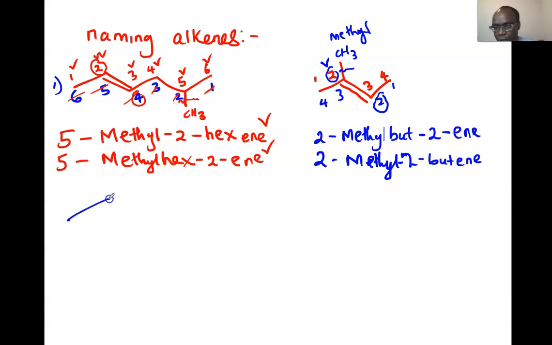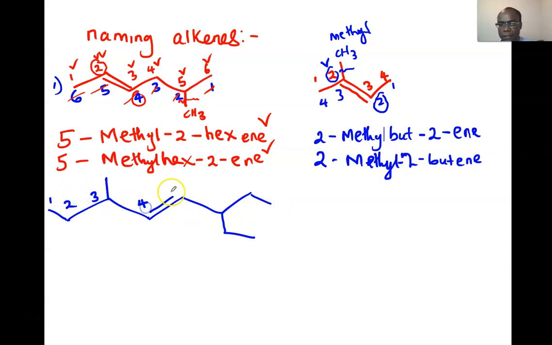All right, what if you have this structure? So let's number in blue 1, 2, 3.